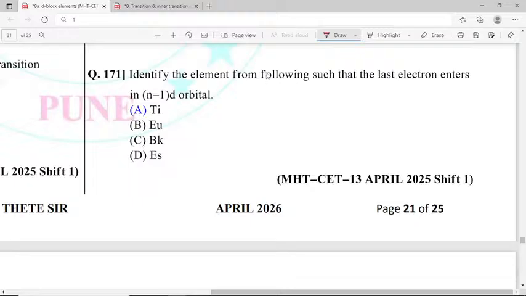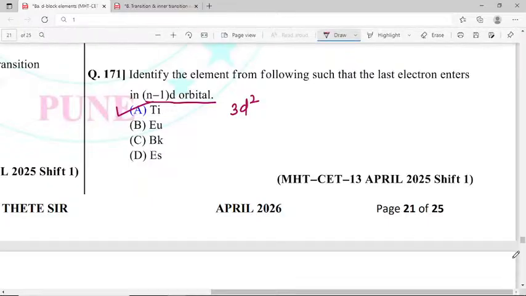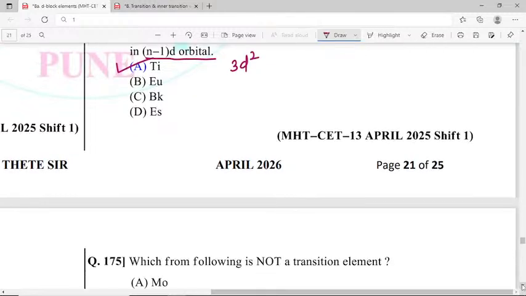Identify the element such that the last electron enters the (n-1) d orbital. Titanium, 3d2 4s2.